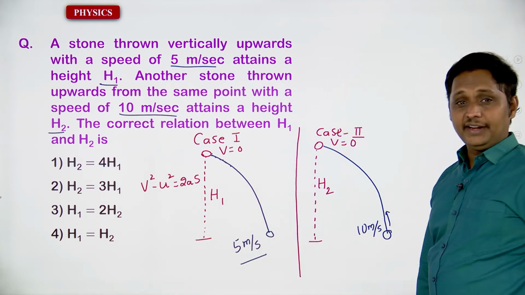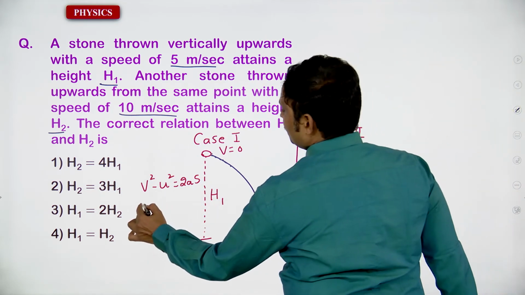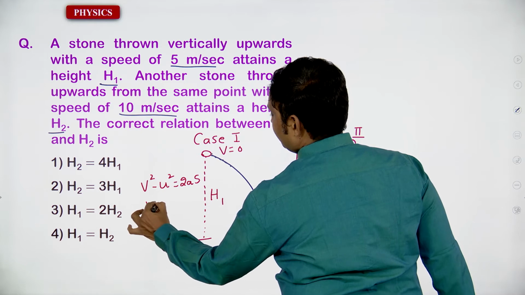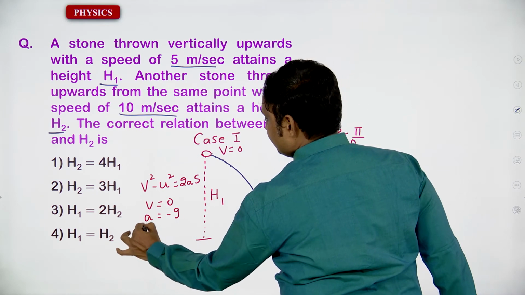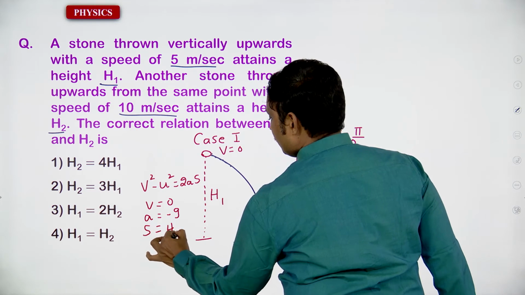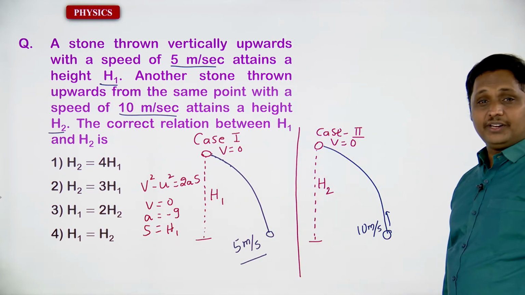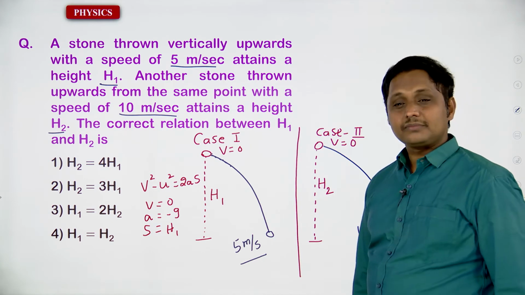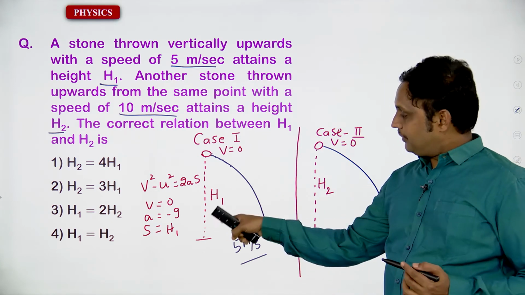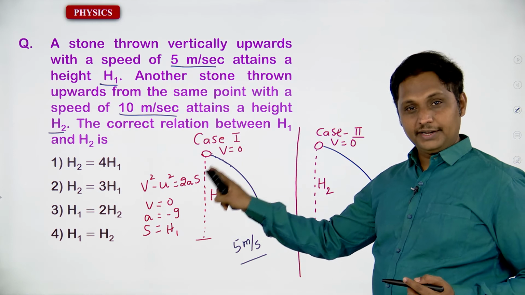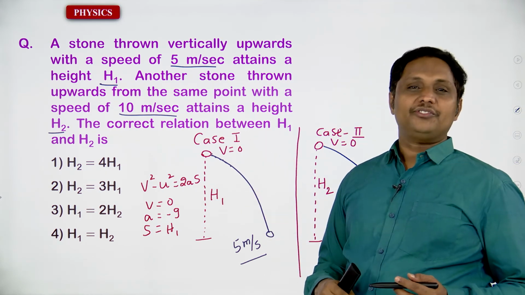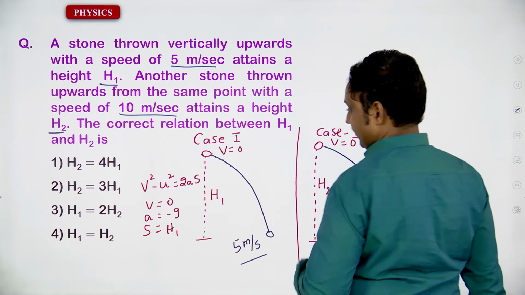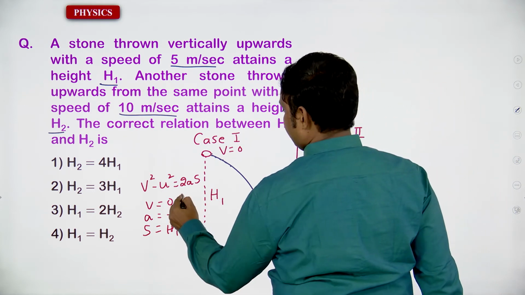Now v is equal to 0, a is equal to minus g, s is equal to h1. You should get the appropriate substitutions.